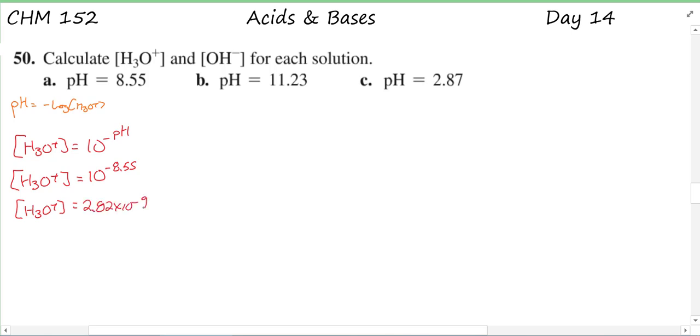Again, there are two methods to get to hydroxide. I could take the pOH. I can find the pOH because 14 minus 8.55 gives me the pOH, and then I can do the same math, 10 to the negative pOH, or I can use 1 times 10 to the negative 14 divided by the number I just got, which might be faster in the calculator.